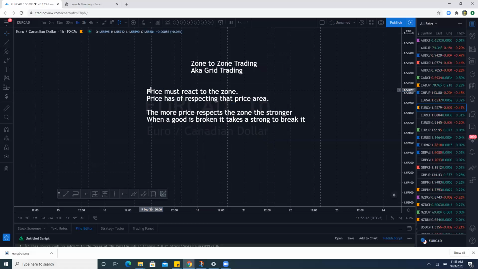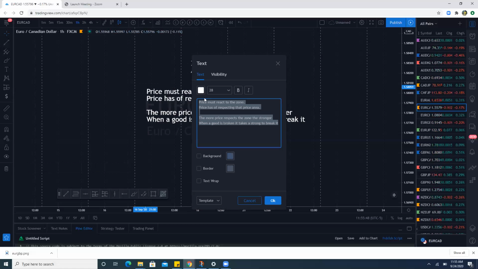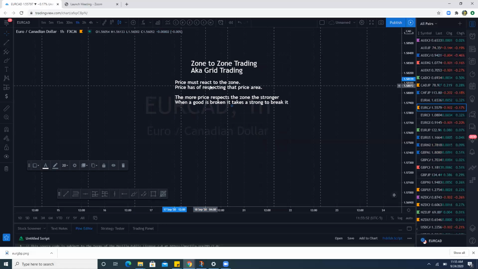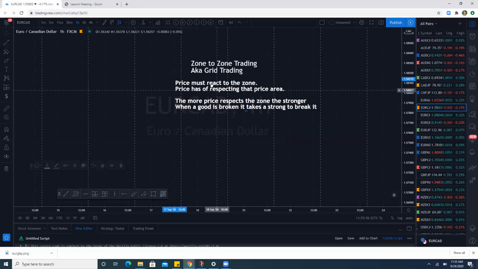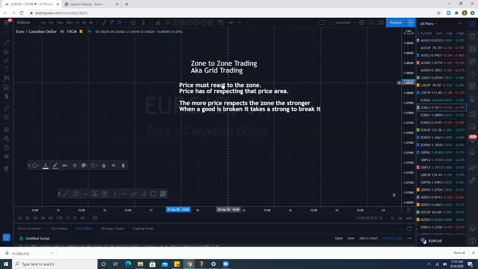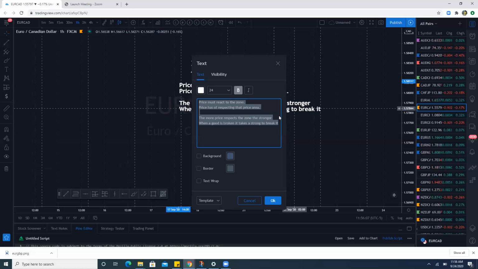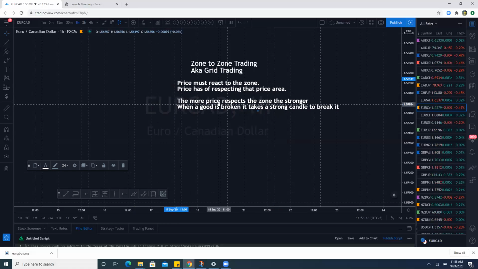So these are the guidelines when it comes to trading a zone. Price must react to the zone. It must have a history, and the more price reacts, the stronger. And when a good zone is broken, it takes a strong candle to break it.